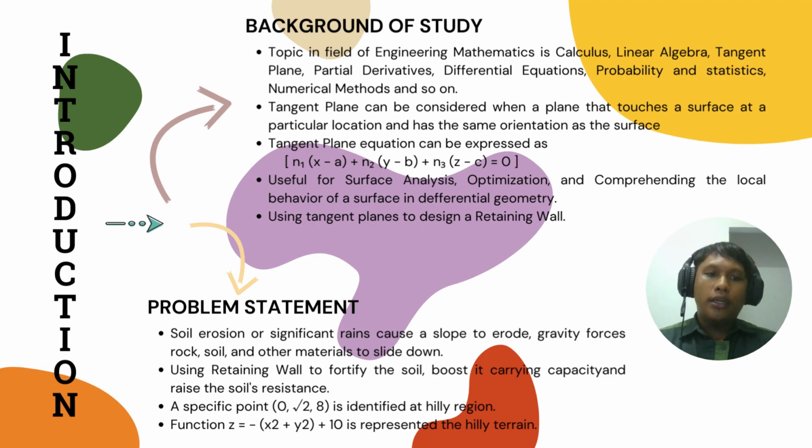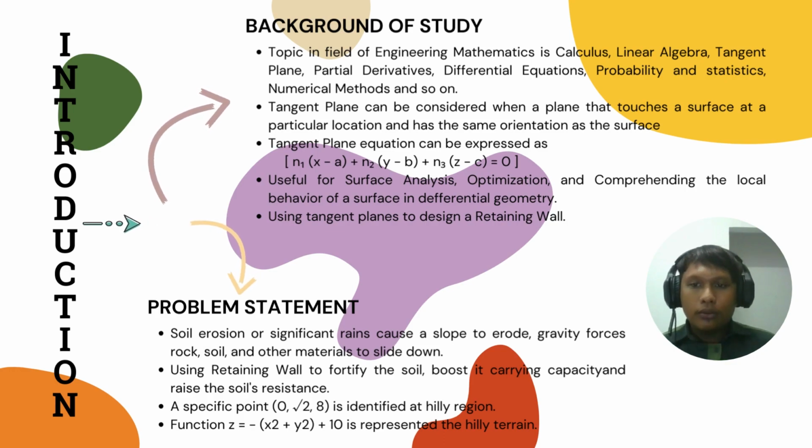For our project, there is a specific point, which is 0, square root 2, and 8, identified at a hilly region. The function of z is equal to minus in bracket x square plus y square close bracket plus 10.